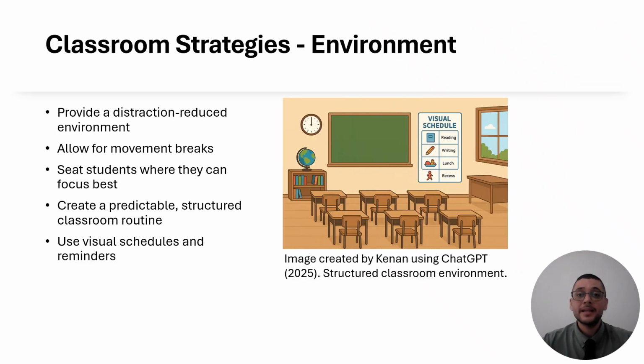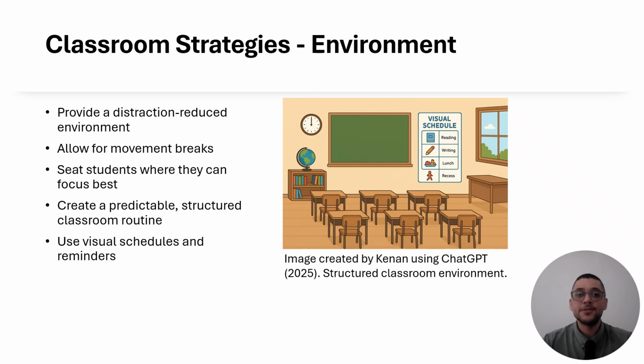Let's look at some practical strategies for supporting students with ADHD, starting with the learning environment. Creating a distraction-reduced environment is crucial. This doesn't necessarily mean complete quiet, but minimizing unnecessary visual and auditory distractions. Movement breaks are essential.